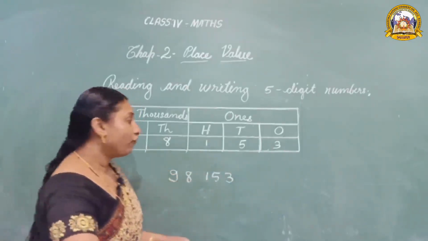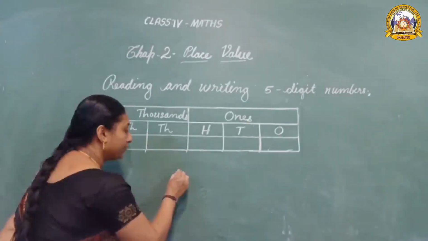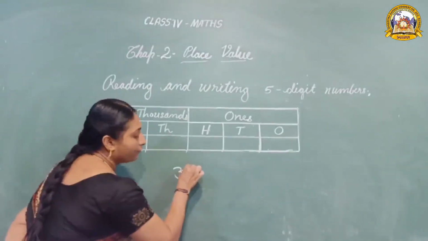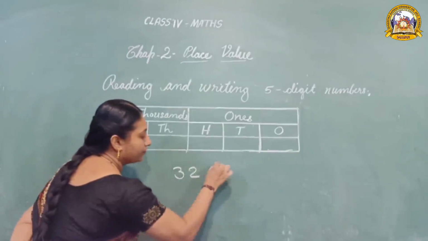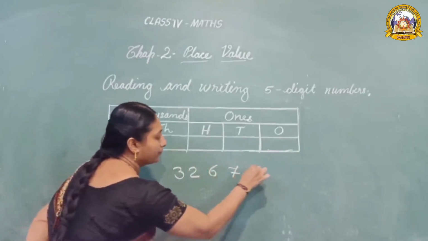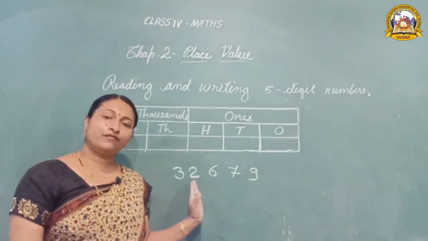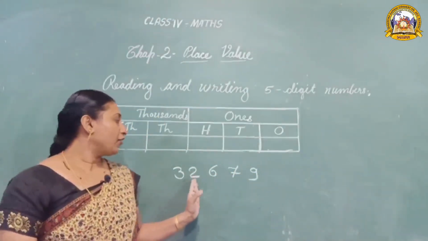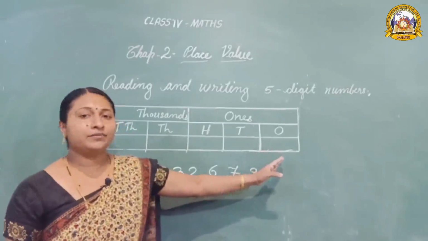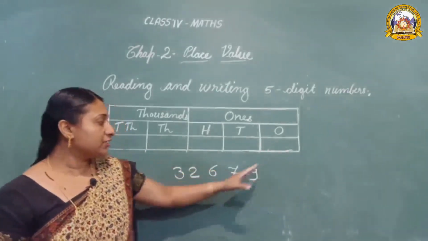I shall give one more example. A 5-digit number. How many digits are there? 5 digits. How can we arrange them in place value chart?